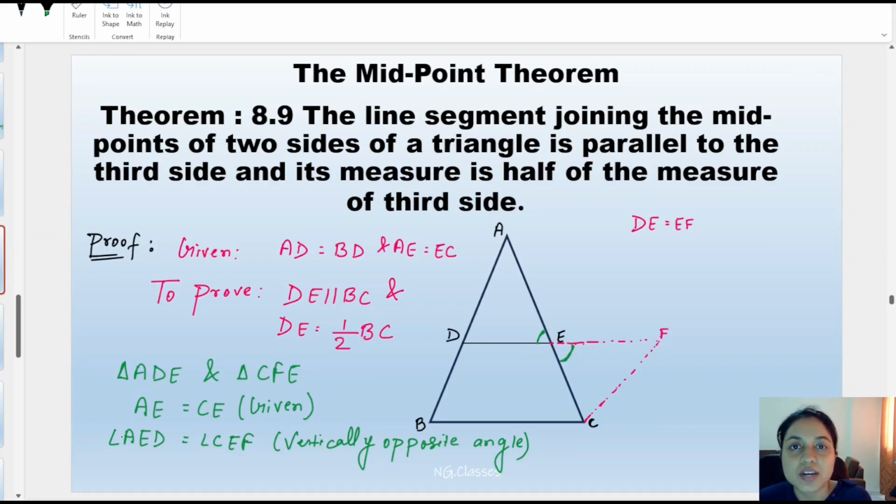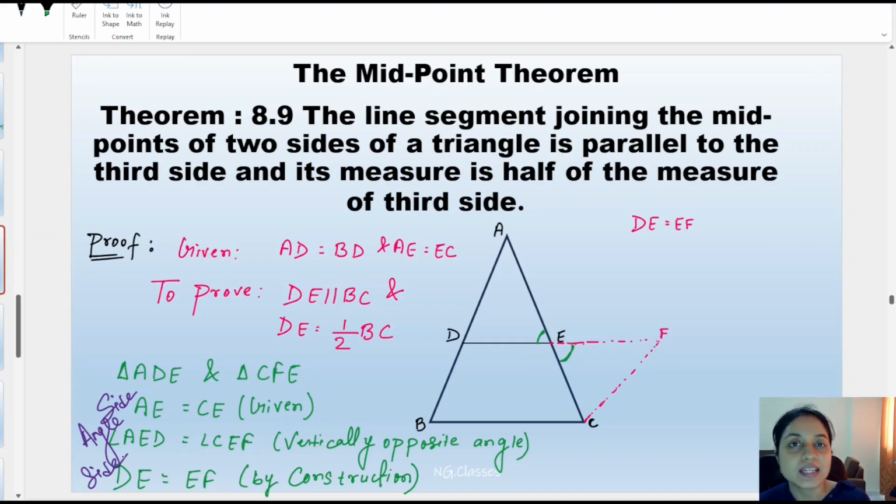And we have done the construction in such a way that DE is equal to EF. So DE is equal to EF by construction. If we see carefully, we got the sequence of side, included angle, and then side. Therefore, triangle ADE is congruent with triangle CFE by the side angle side congruence rule.